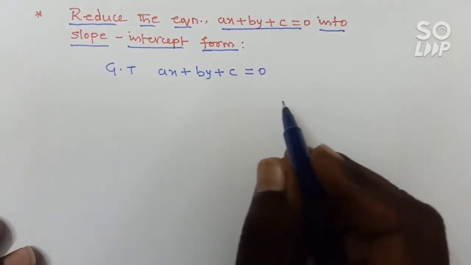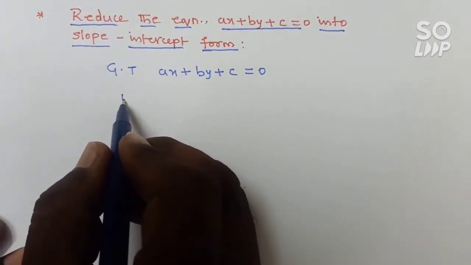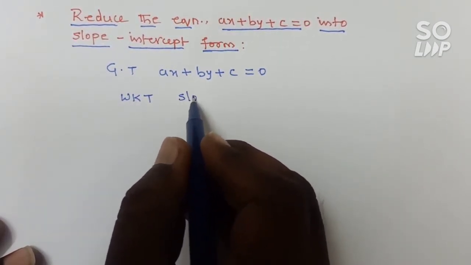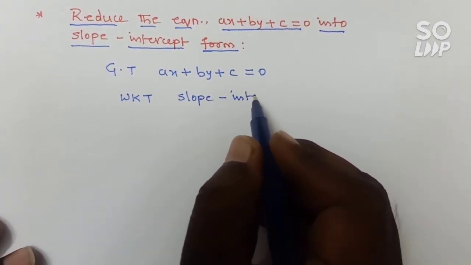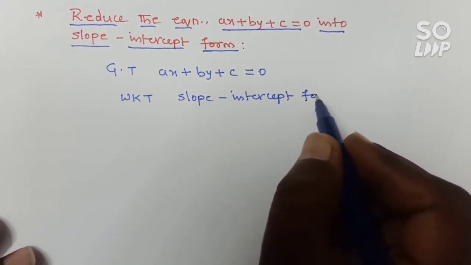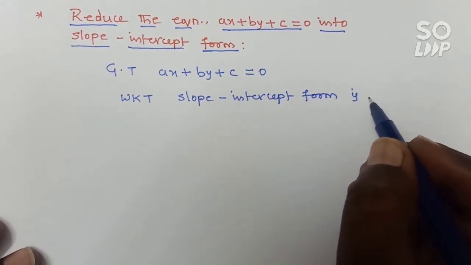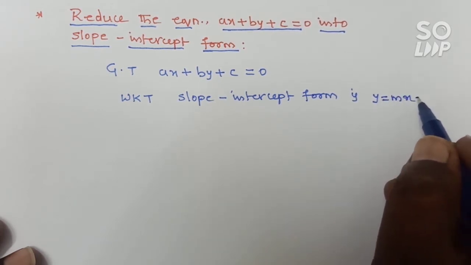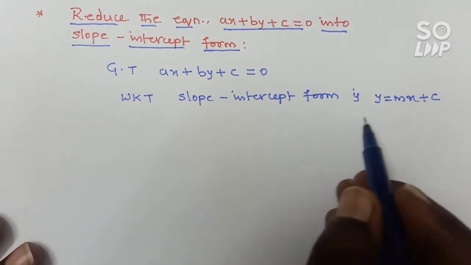What is the slope-intercept form? y = mx + c. In this form, m represents the slope of the line and c represents the y-intercept.